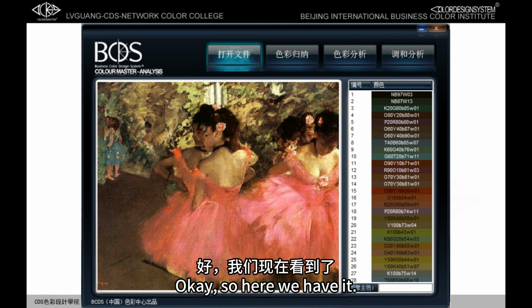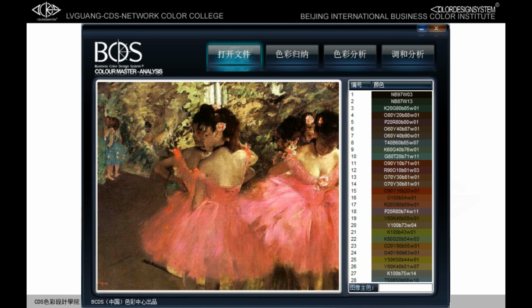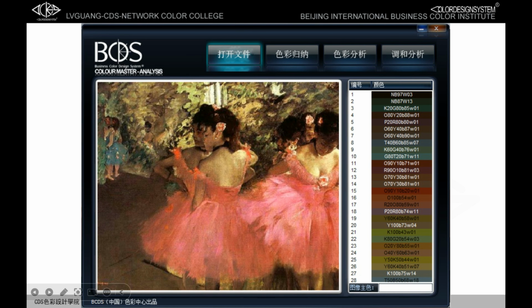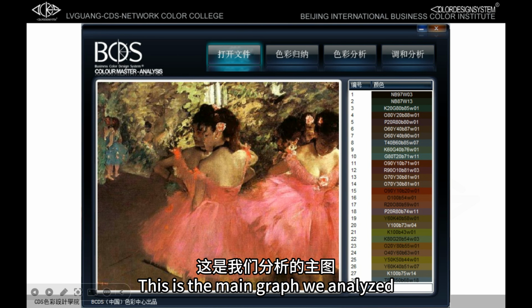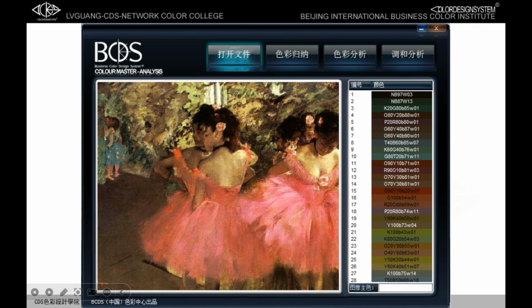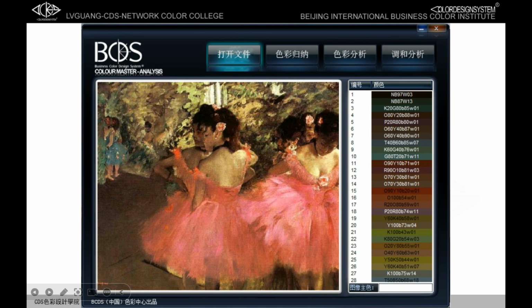Okay, so here we have it. What we are using now is ADS, color analysis software for color analysis. This is the main graph we analyzed, and we know we got all the colors. This is from the first color to the 28th color. We still have colors below.